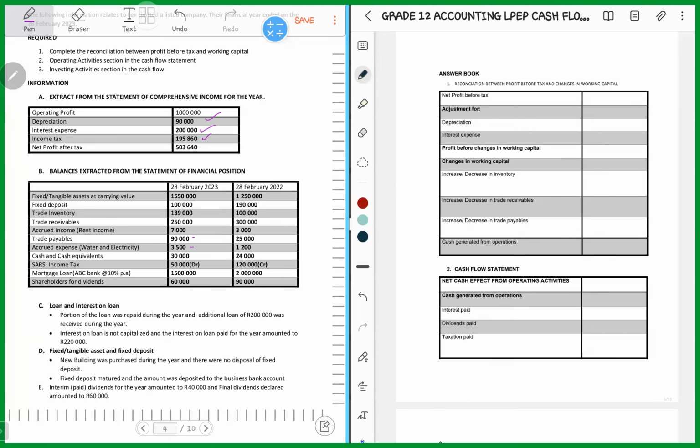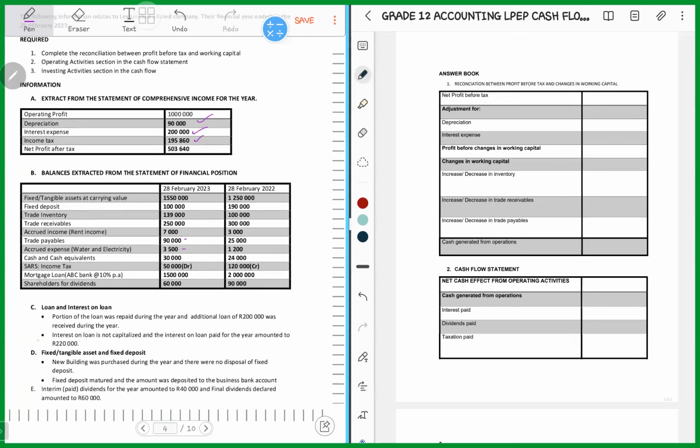Very interesting. Then we are given information that relates to fixed or tangible asset and fixed deposit. A new building was purchased during the year, and there was no disposal of fixed deposit. Not fixed deposit, but fixed asset. Sorry for this minor error.